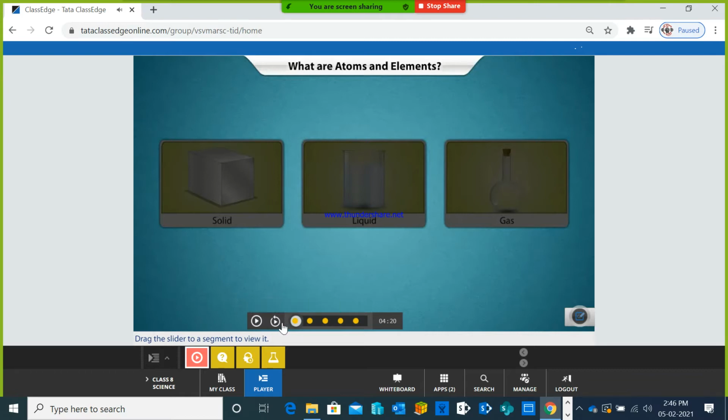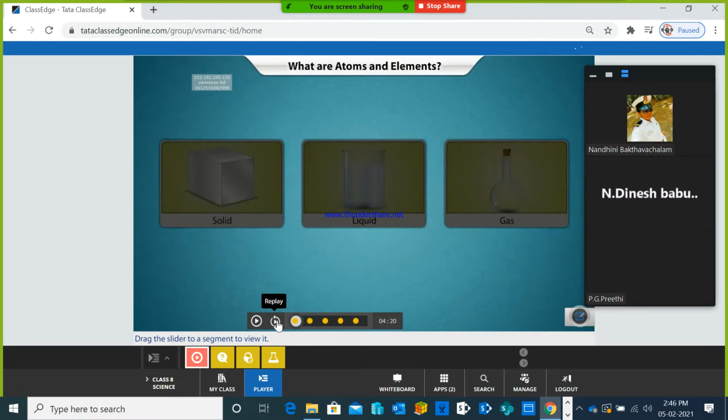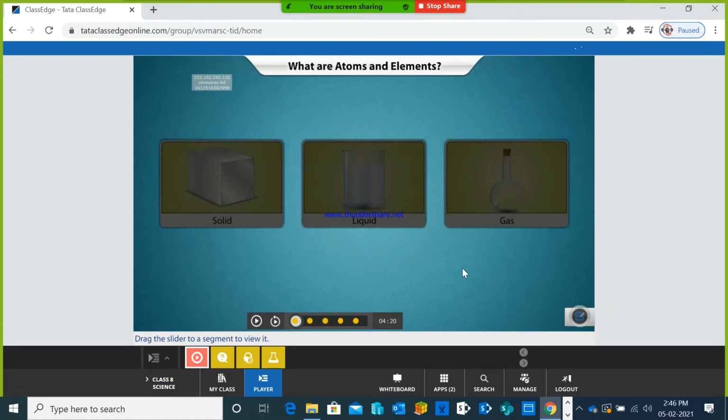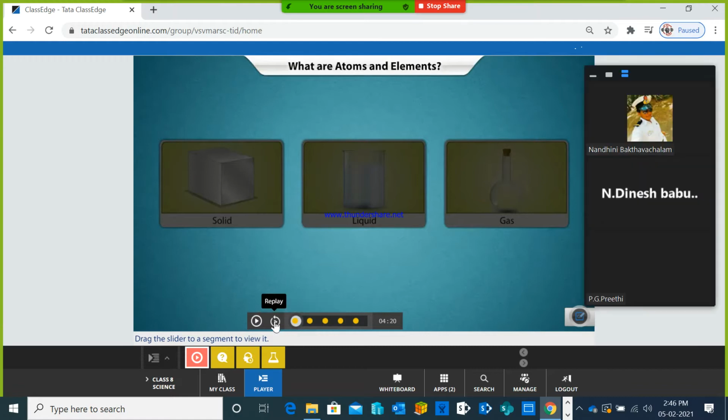Okay, then compound. We have to discuss atoms, elements and compounds. First of all, matter. Matter has solid things, liquid things and gaseous things. Already you see that picture, you see solid, liquid and gases. All the three states of matter.